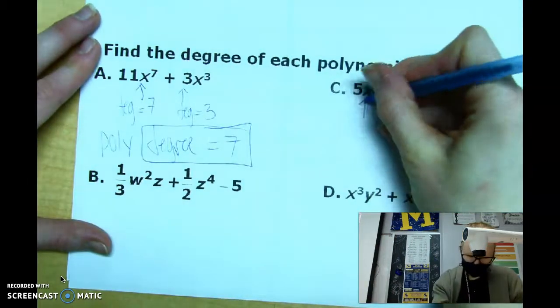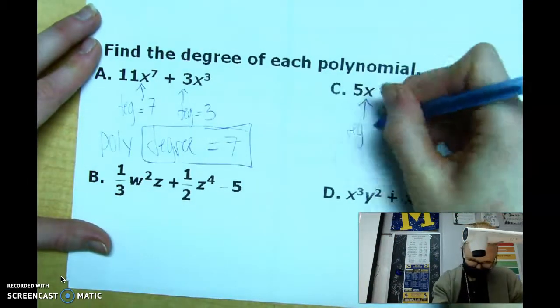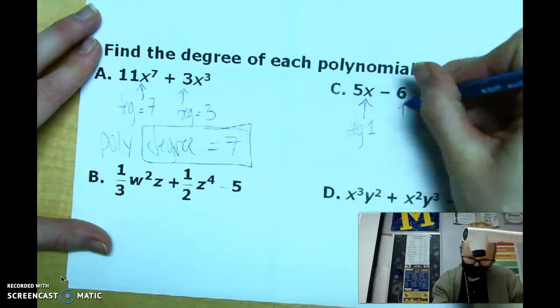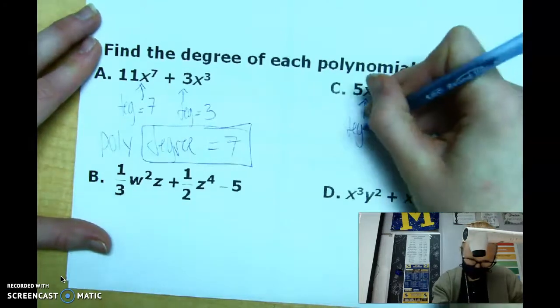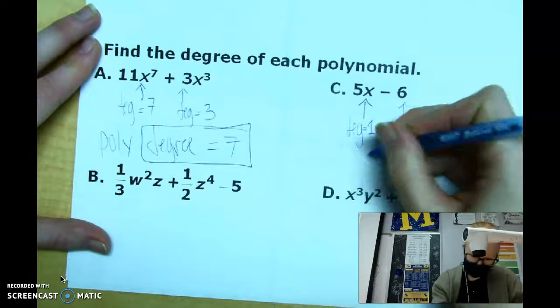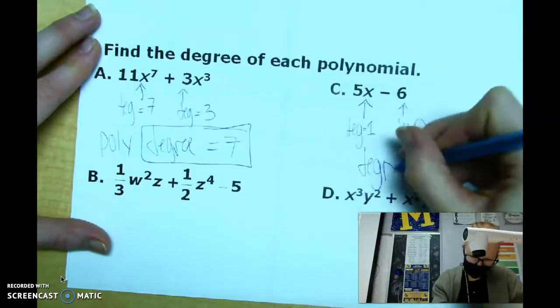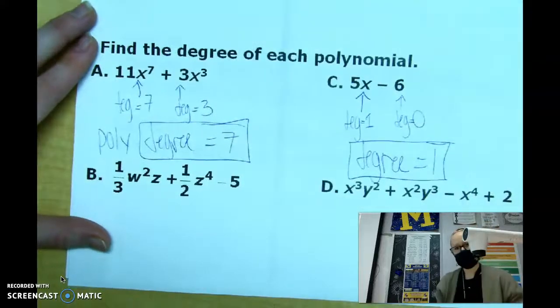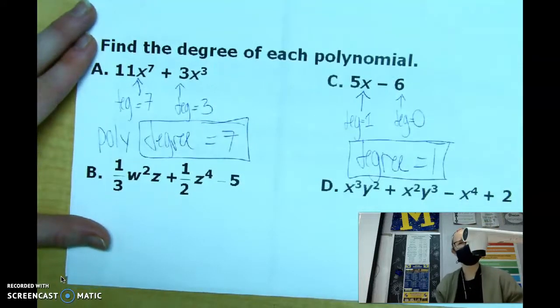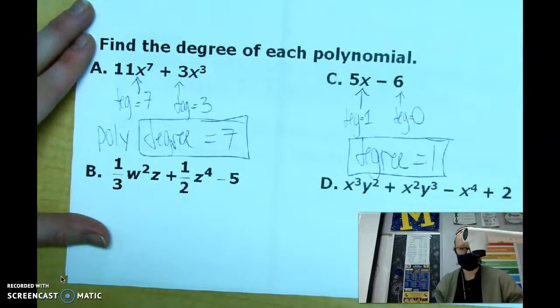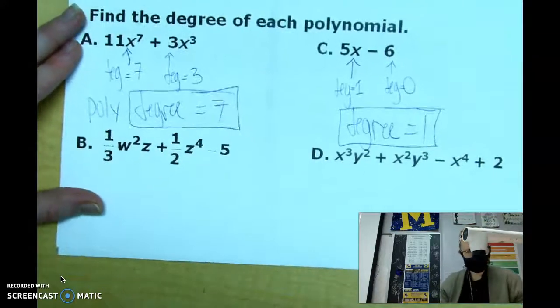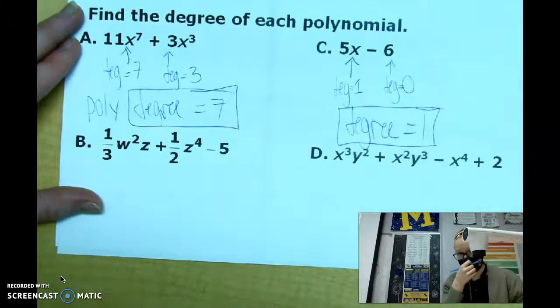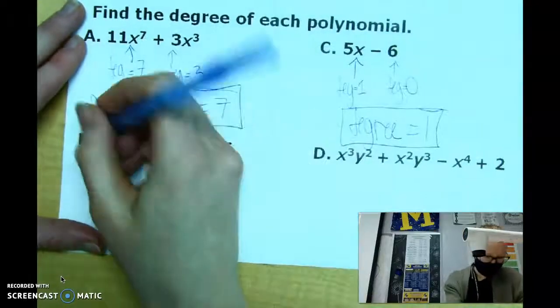So what's the degree here? I have 1 x here, and then the degree here is 0, right? So the degree of this polynomial is 1. Does that sort of make sense? Okay. Let's just do one more here, this example.